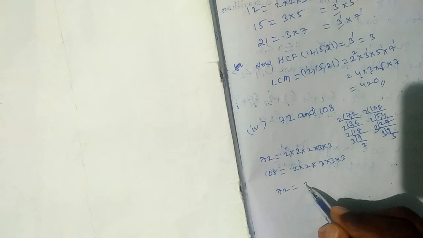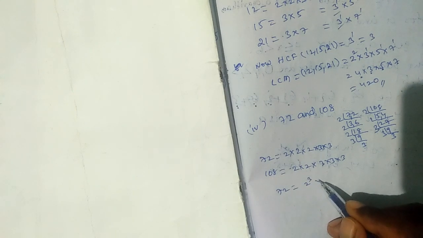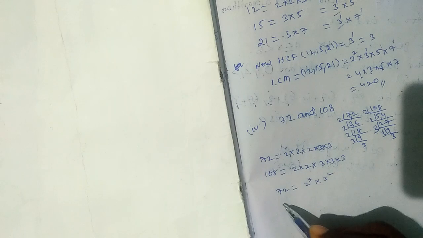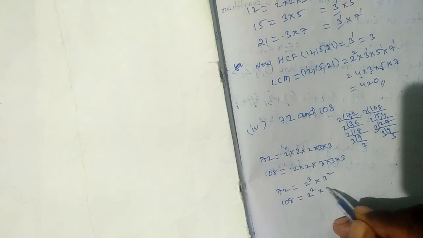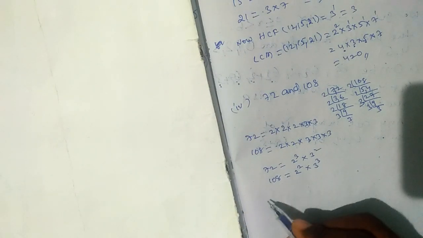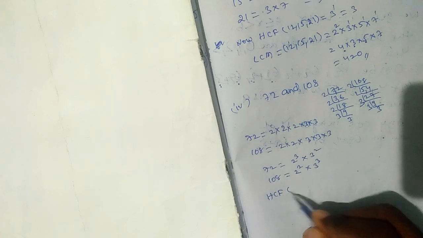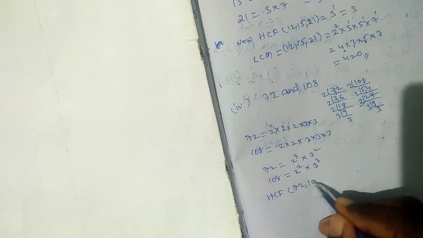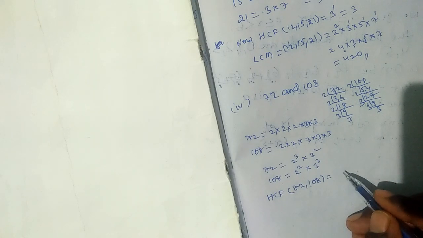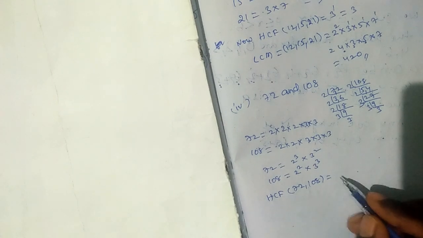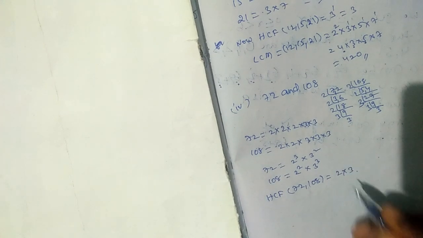72 is equal to 2 cube into 3 square. 108 is equal to 2 square into 3 cube. HCF of 72 and 108. See what the common factors are here. Yes, you are correct, 2 and 3.